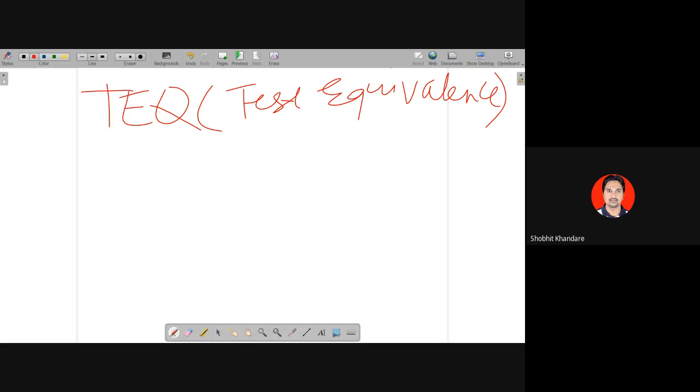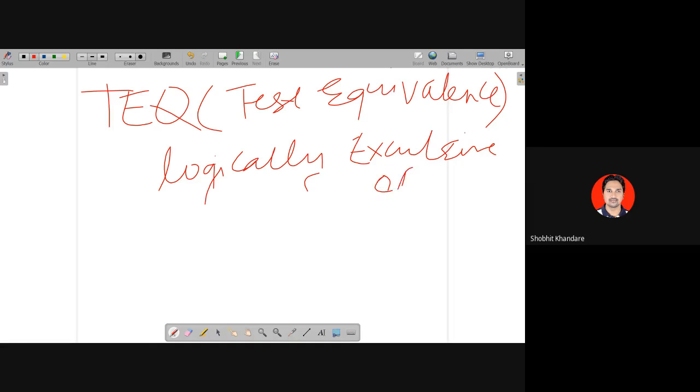Now here what is happening? Here पहले इसमें it was logically AND, here it is logically exclusive OR.